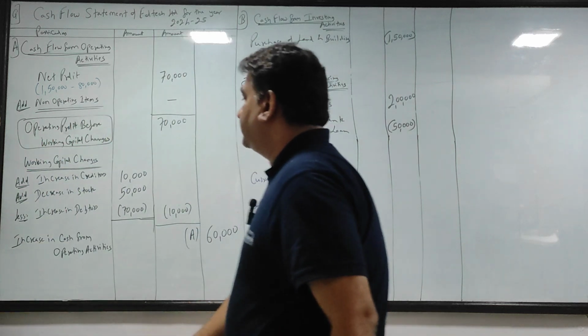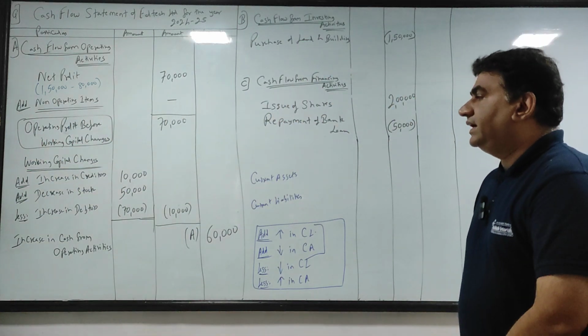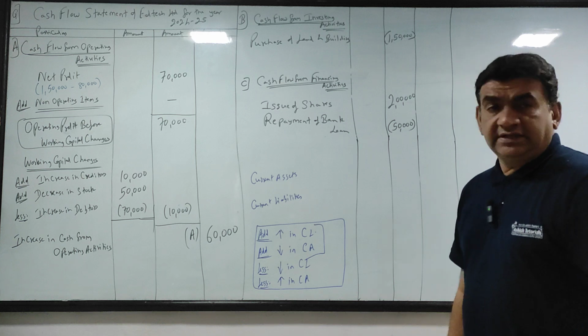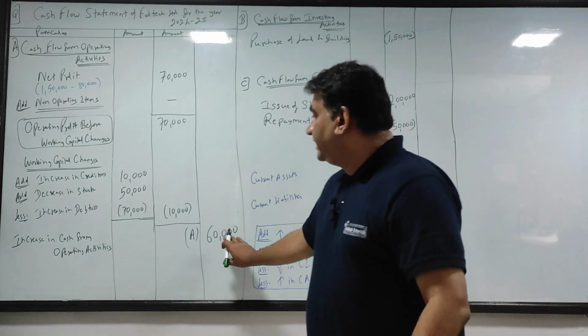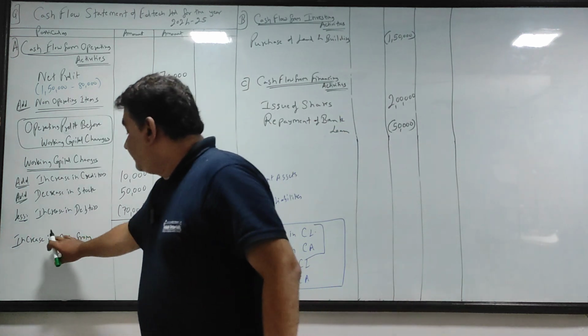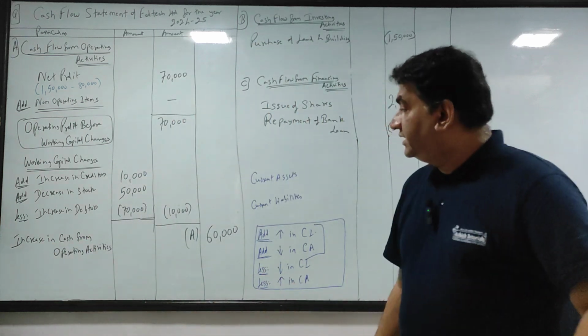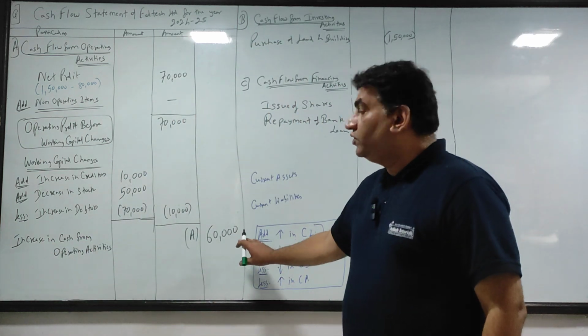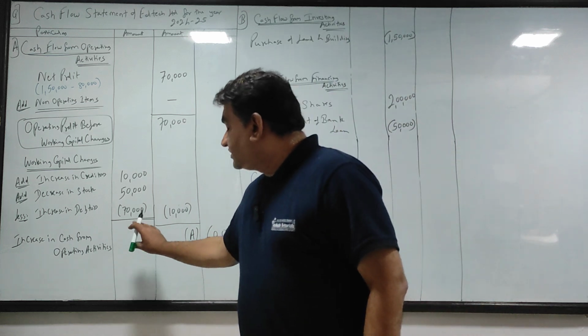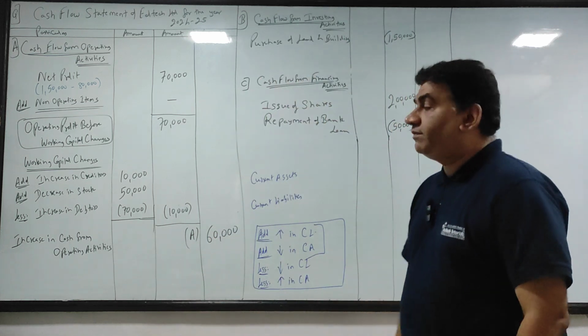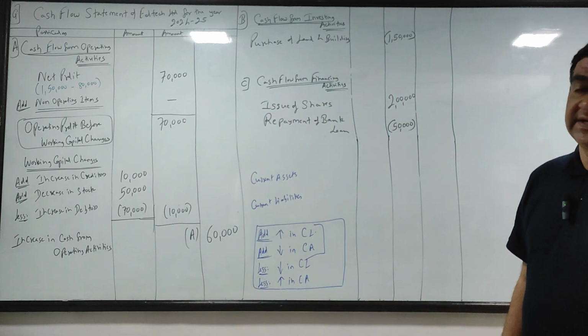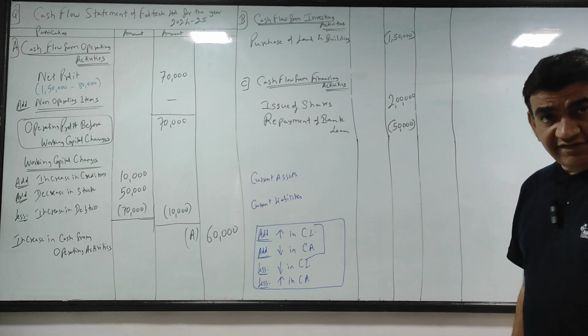Getting it? अगर ये answer negative होता, you would have changed the word increase की जगह decrease, but it is positive, so you will make it as A. Increase in cash from operating activities. Got it? Clear with this?